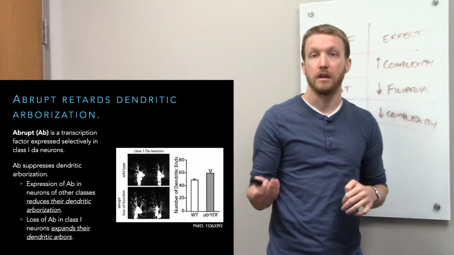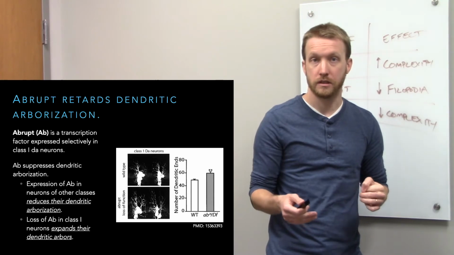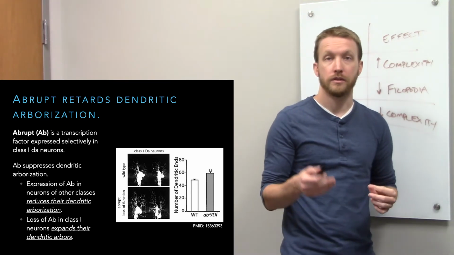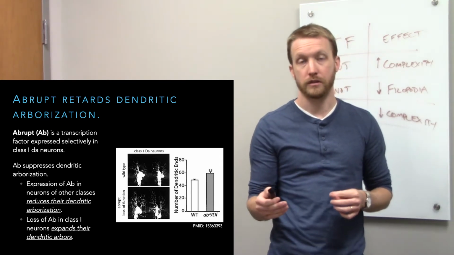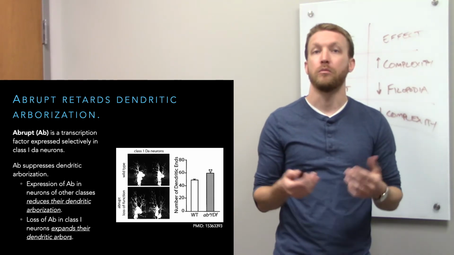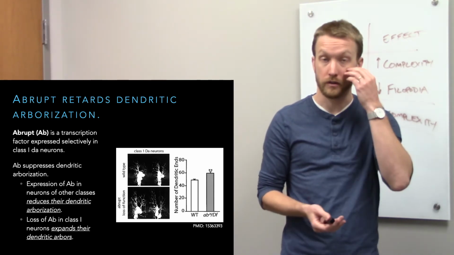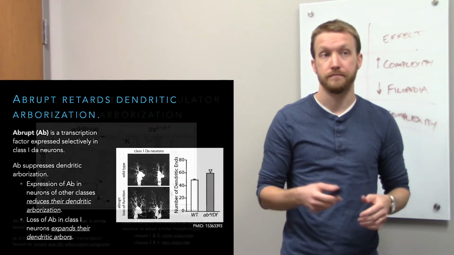Alternatively, if you have loss of function mutations in abrupt, then your class 1 dendritic arborization neurons appear more complex, so they have a greater amount of dendrites.